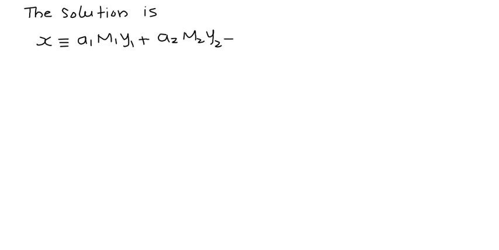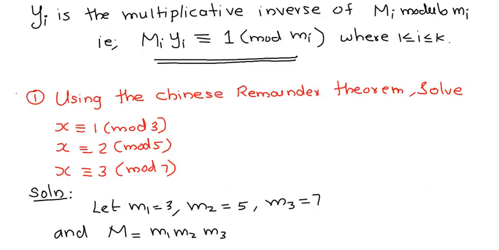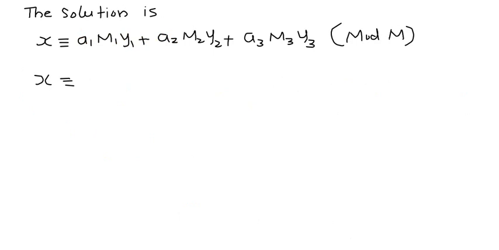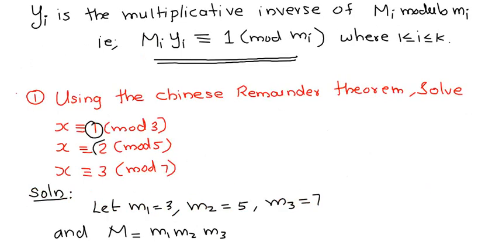Now the formula for finding the solution is x congruent to a1 M1 y1 plus a2 M2 y2 plus a3 M3 y3 mod capital M. From this question, a1 is 1, a2 is 2, a3 is 3.